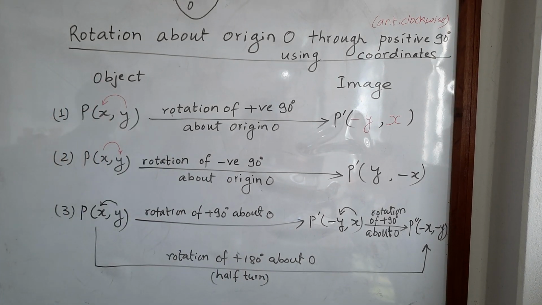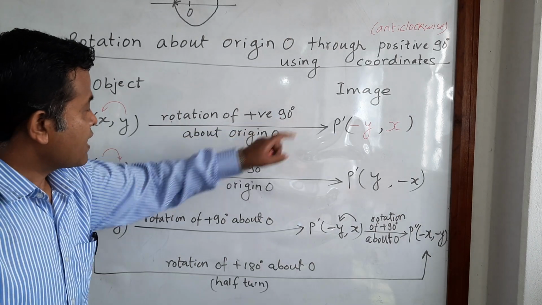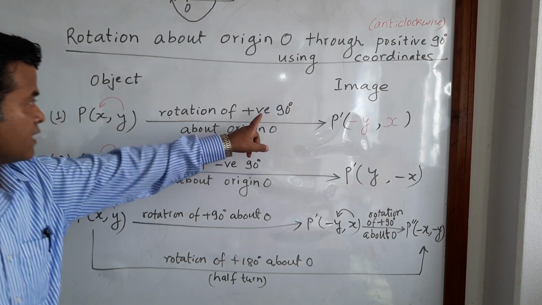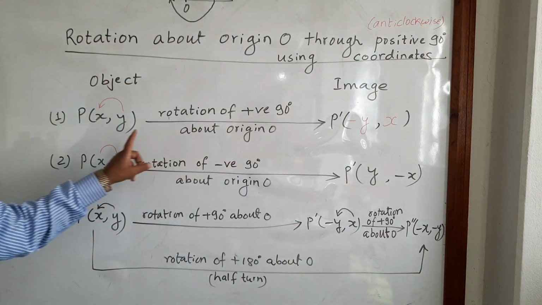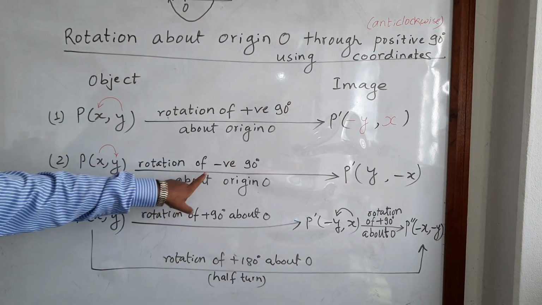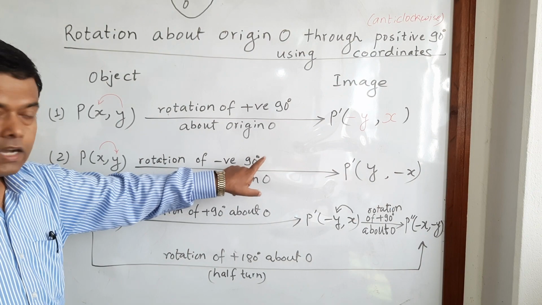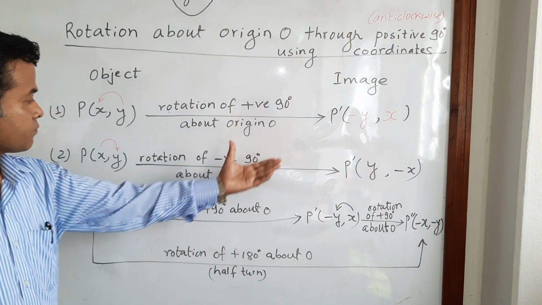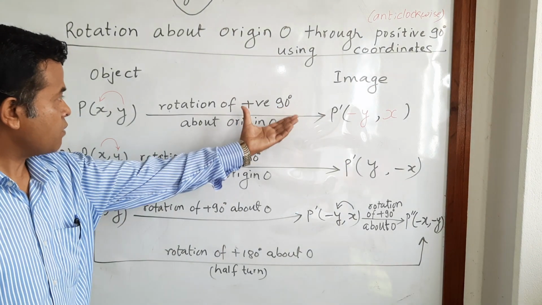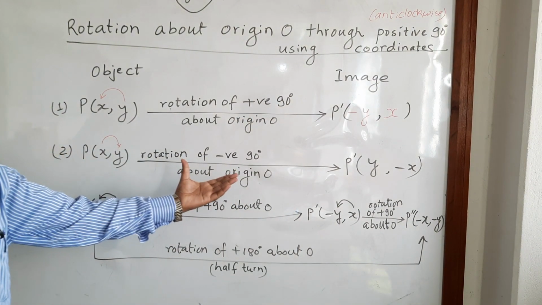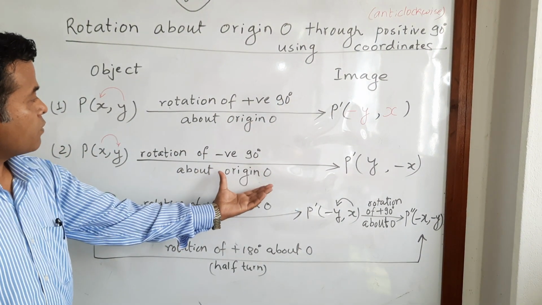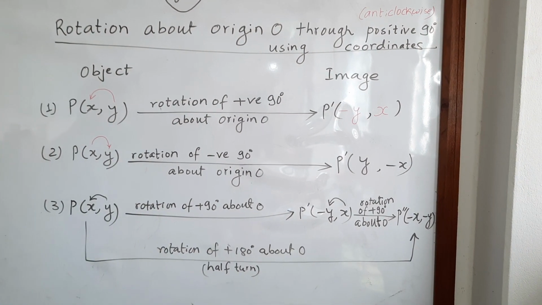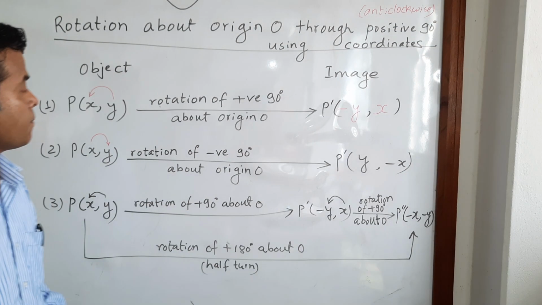And this rotation of 90 degrees is also known as a quarter turn. It is a positive quarter turn about the origin, and this is a negative quarter turn about the origin O. And this is known as a half turn about the origin O.